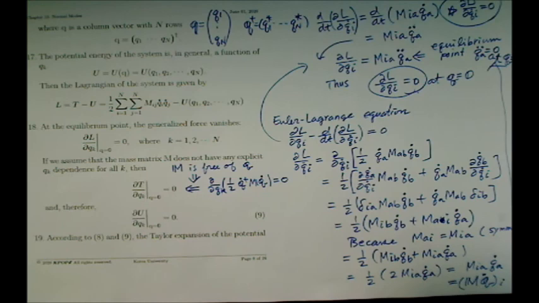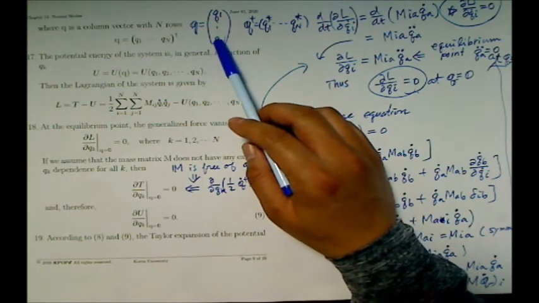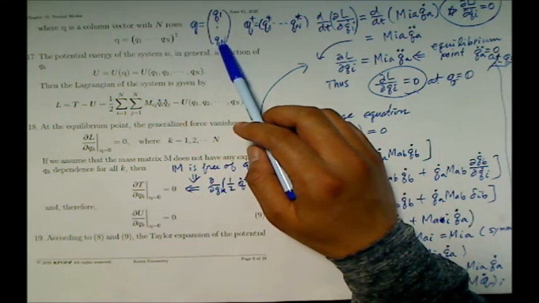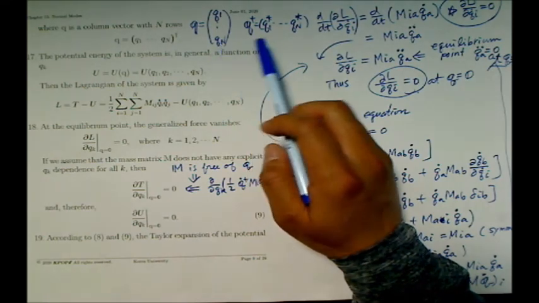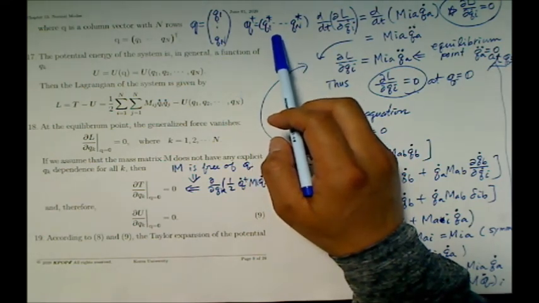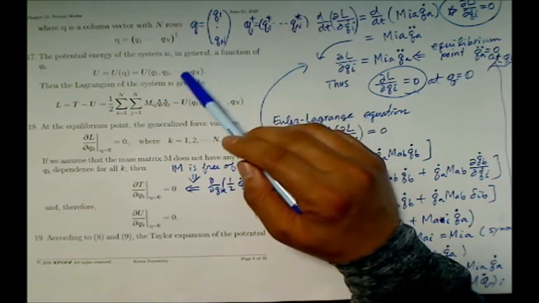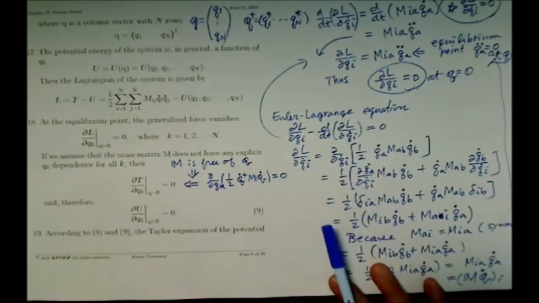We recall that the system has... These are the generalized coordinates written in the column vector, and q dagger is given here. Let us first consider the equation of motion.